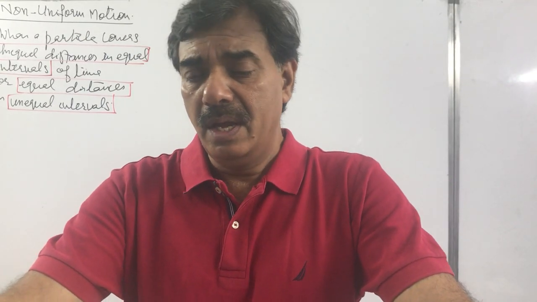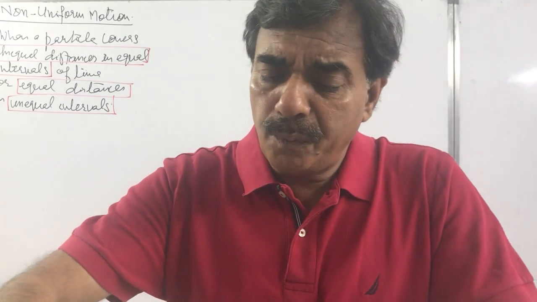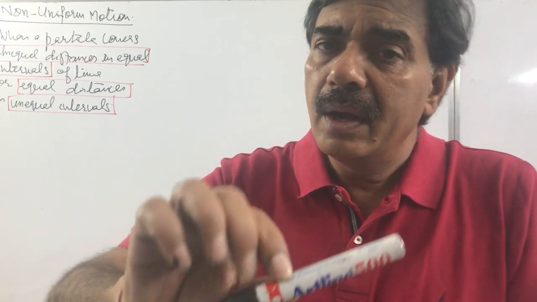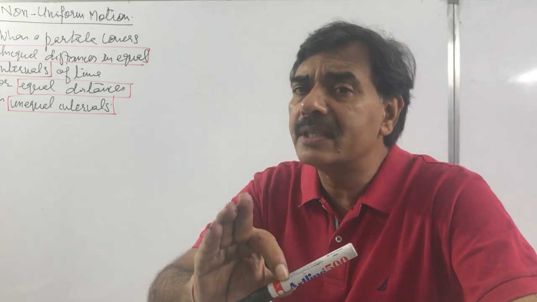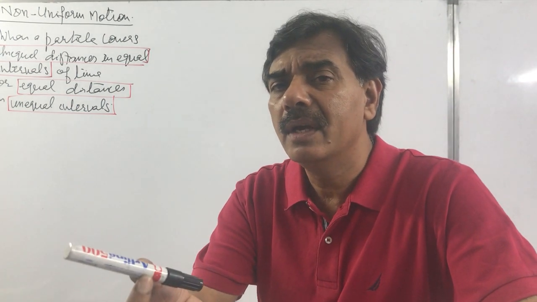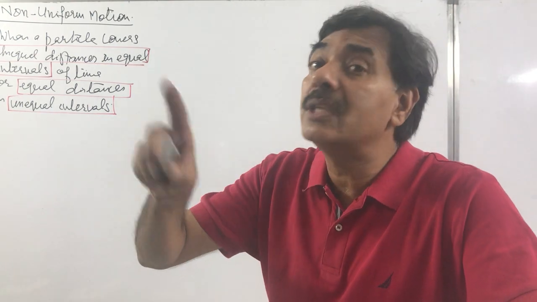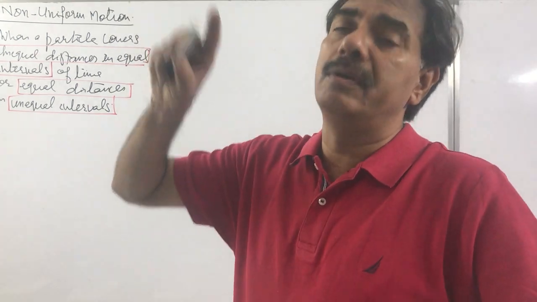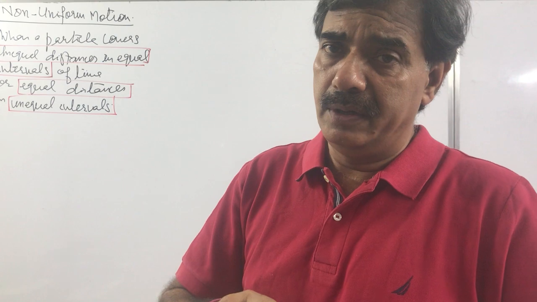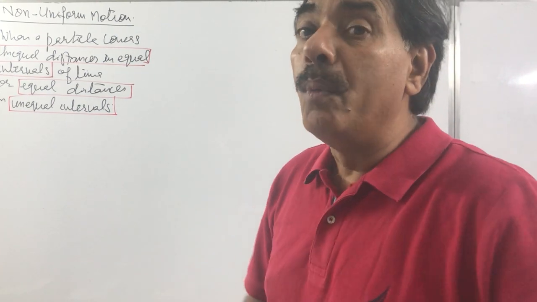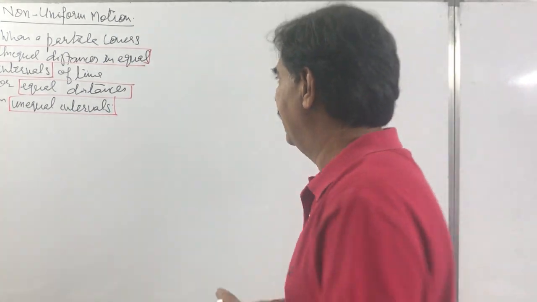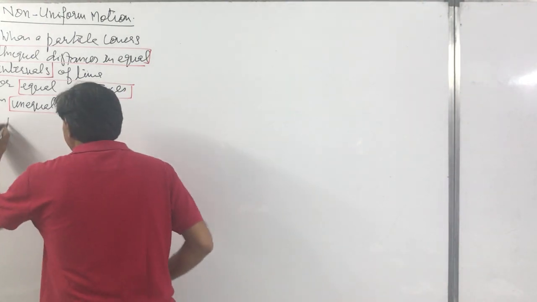Okay? If the speed is not uniform, unequal distances will be covered in equal intervals of time, and then the graph will not be a straight line, it will be curved. If more distances are covered, let's say the XT graph.